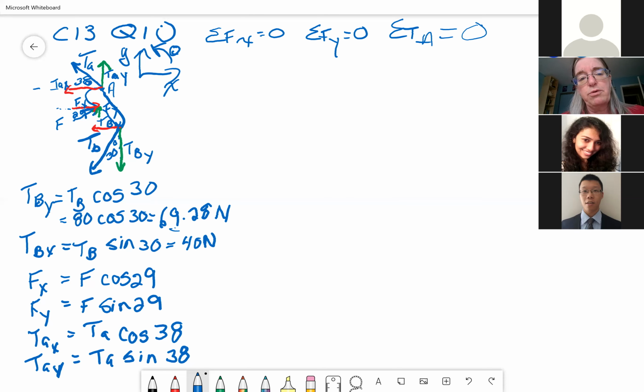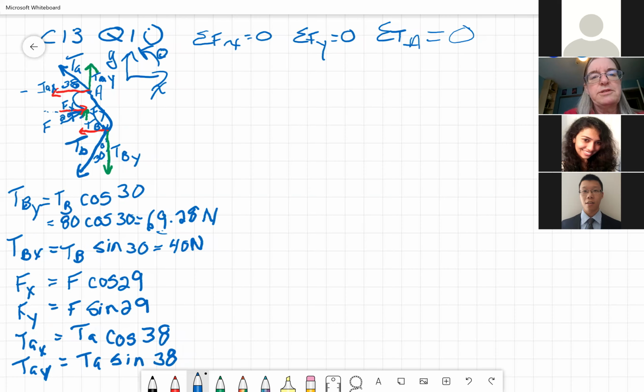The angle for both force and TA is given with respect to the horizontal. So you would expect to be using the opposite here. Okay, those are just things I'm throwing out while I'm doing it, because those are the things that are really associated with what we've done in this course.